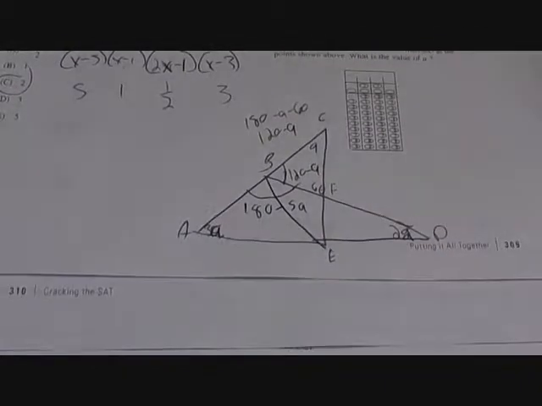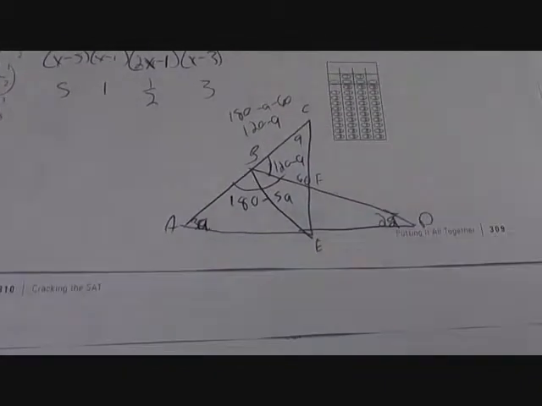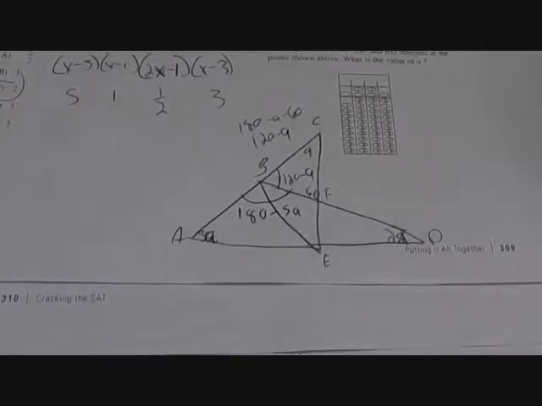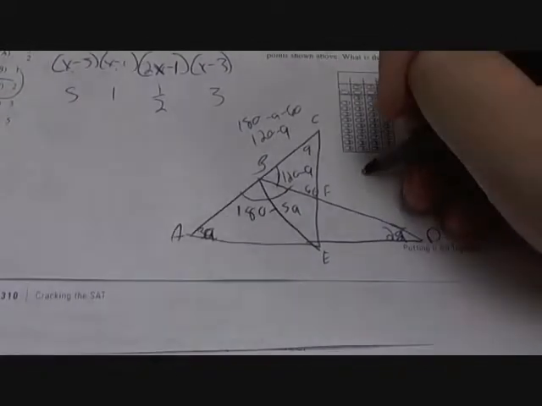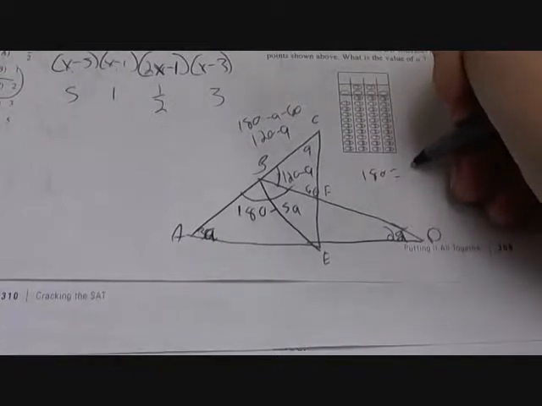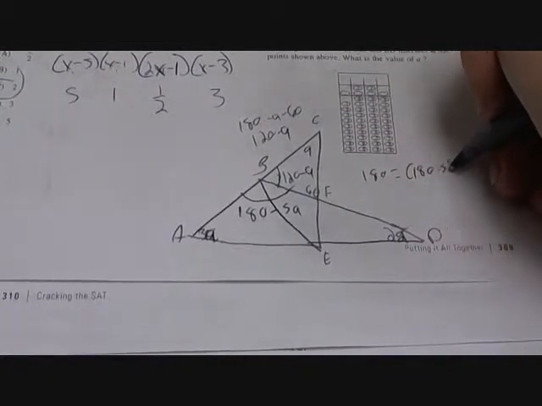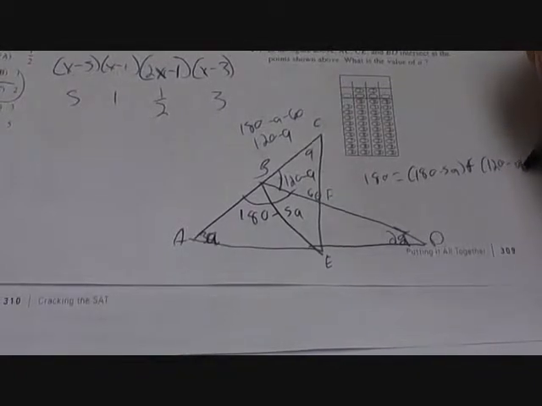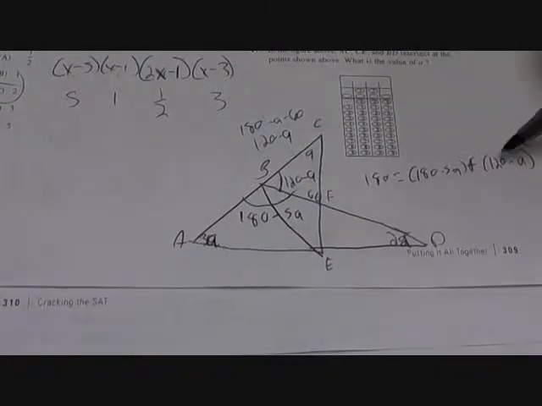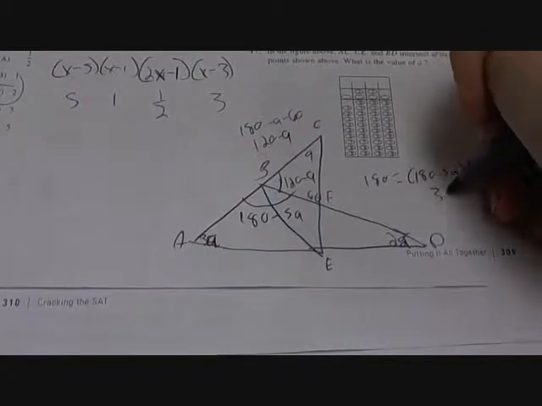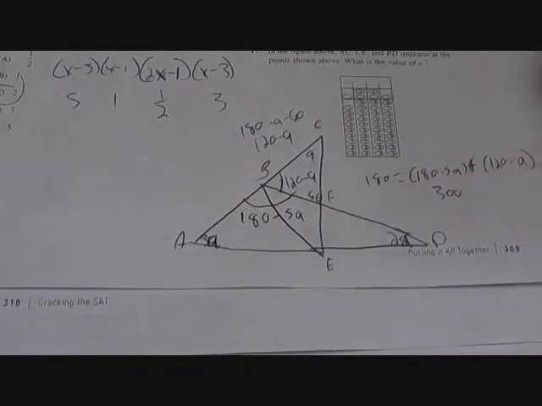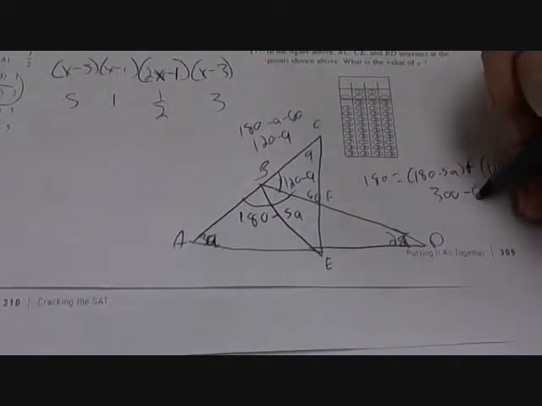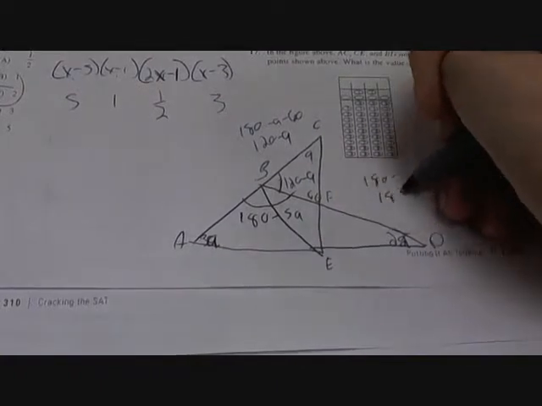Now this is a straight line, and straight lines have a degree of 180. So when you add these two, they have to add up to 180. So 180 is equal to 180 minus 5a plus 120 minus a. 180 plus 120 is 300, minus 5a minus a is 6a.